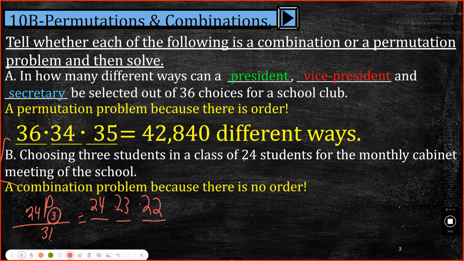So divided by 3 factorial. What is 3 factorial? 6, isn't it? 3 times 2 times 1, which is 6. Go ahead and get your calculator, multiply that out on top, divided by 6.